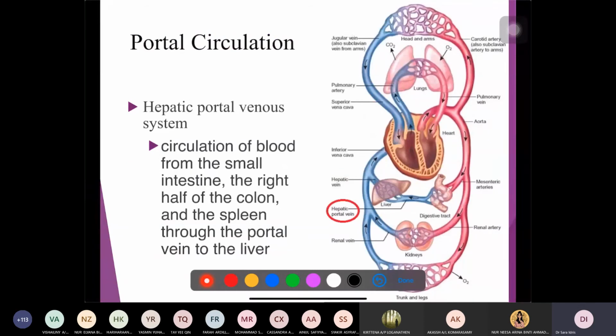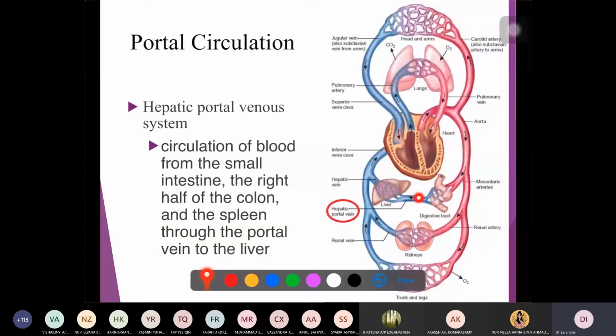So where can you find your portal system? First, you can find it in your hepatic portal venous system. From the digestive tract, so from your small intestine and part of your large intestine, the arteriole will feed into the capillary bed in your digestive tract. Then venules will drain the blood into the hepatic portal vein.